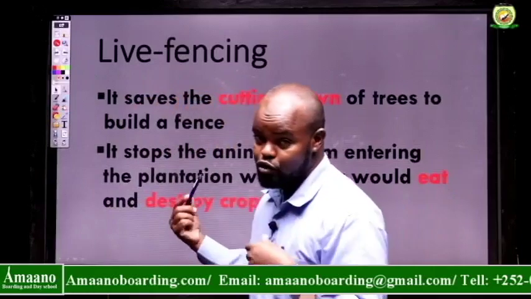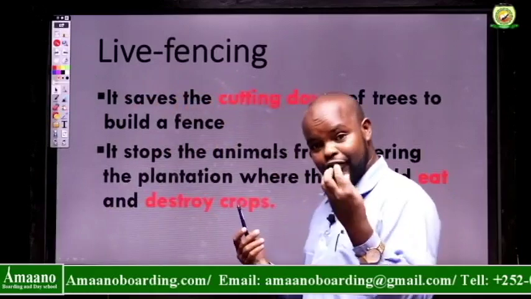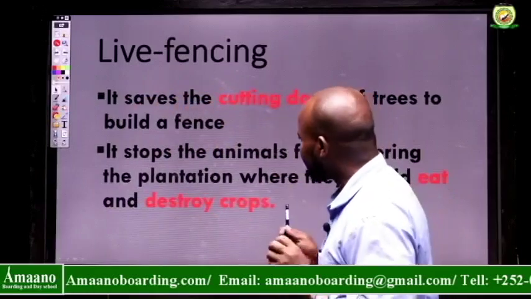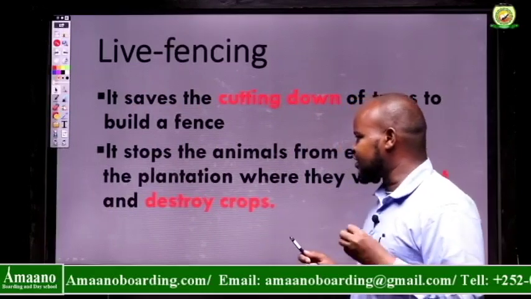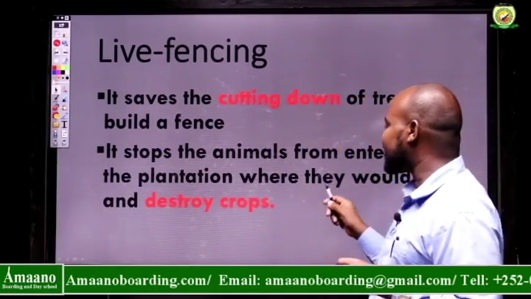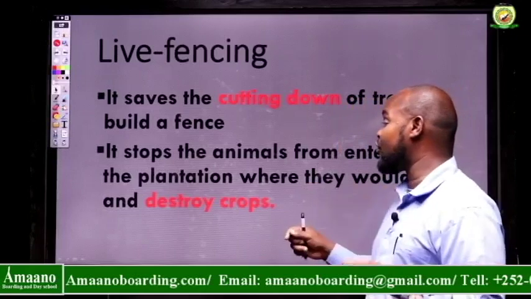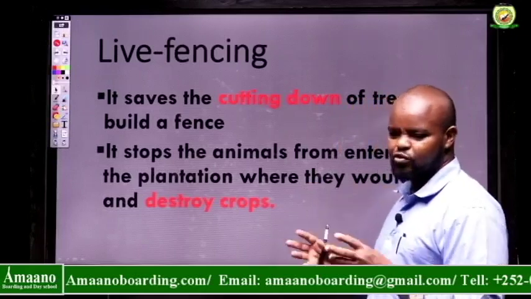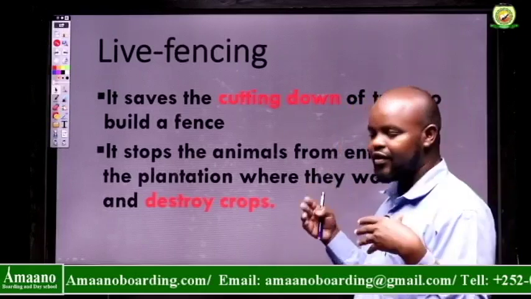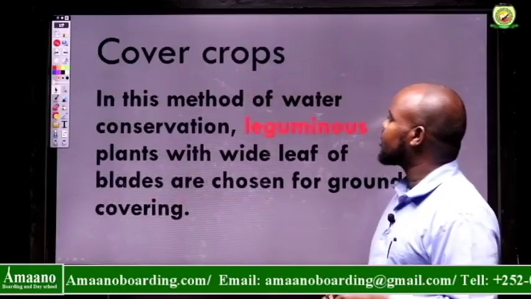To avoid that, we use living plants. We just grow plants around. Another advantage is that it stops the animals from entering the plantation where they would eat and destroy the crops. This is what every fence does, whether it is living or non-living.